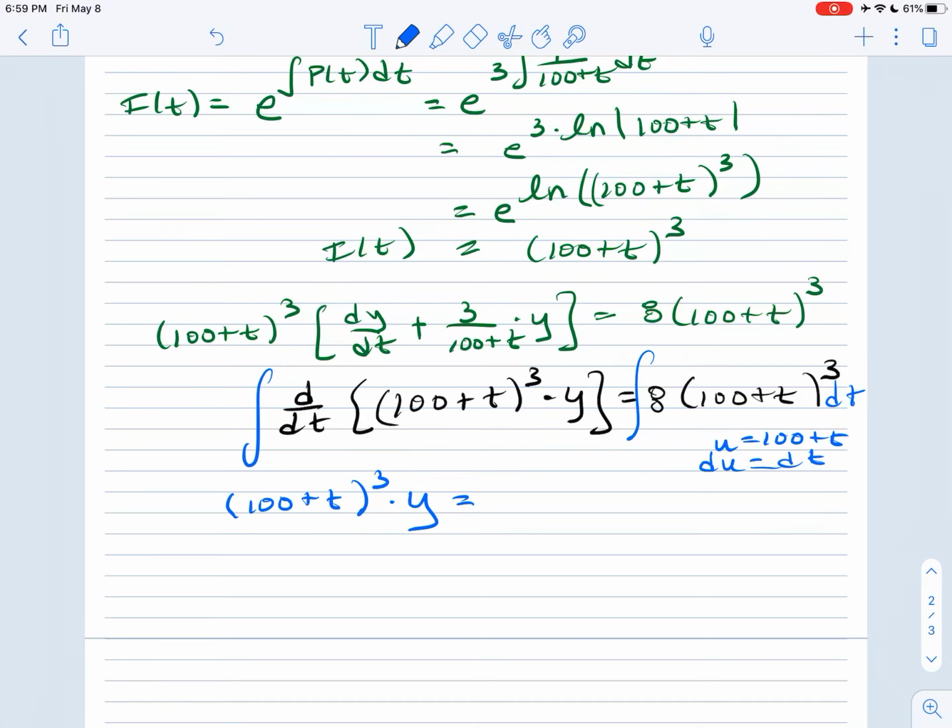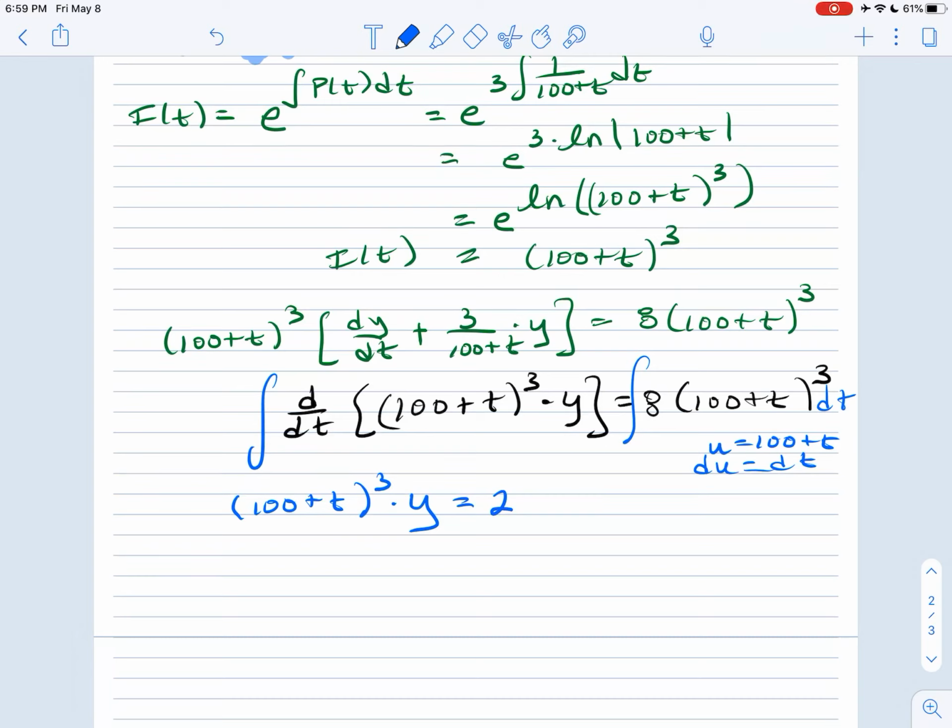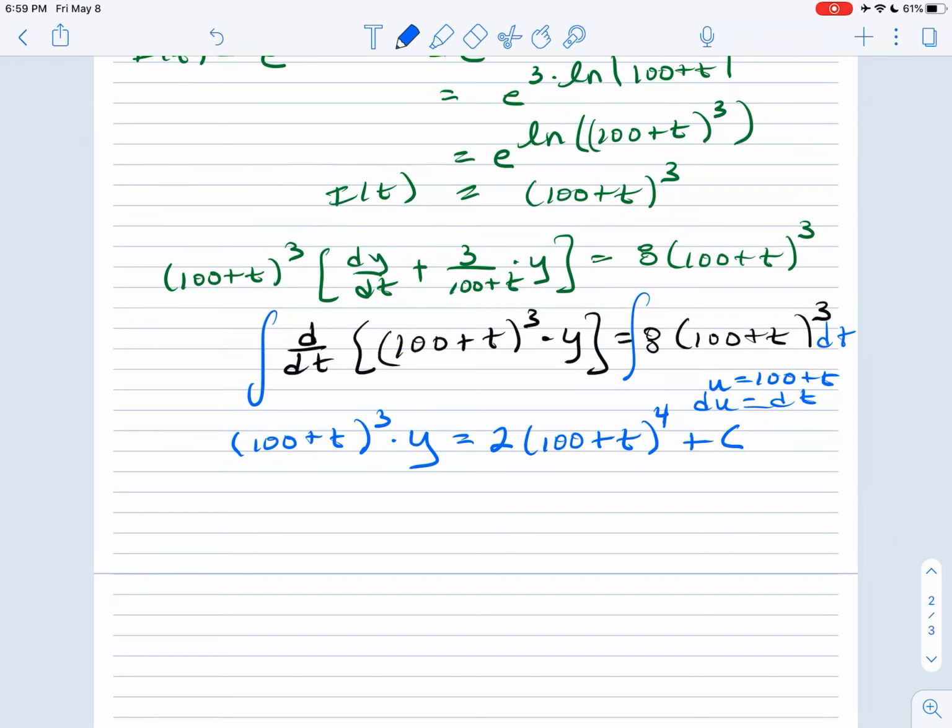And in integrating, I would end up with 8 times u to the 4th over 4, and 8 divided by 4 is 2. And in back substituting, I would end up with 100 plus t to the 4th, and I have plus c. Next, in solving for y, I would end up with y is equal to 2 times 100 plus t to the 4th plus c, all divided by 100 plus t to the 3rd power.